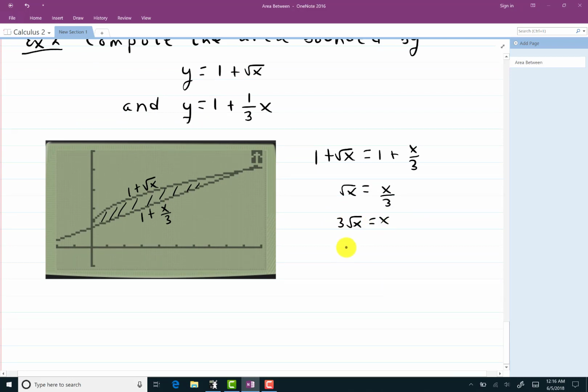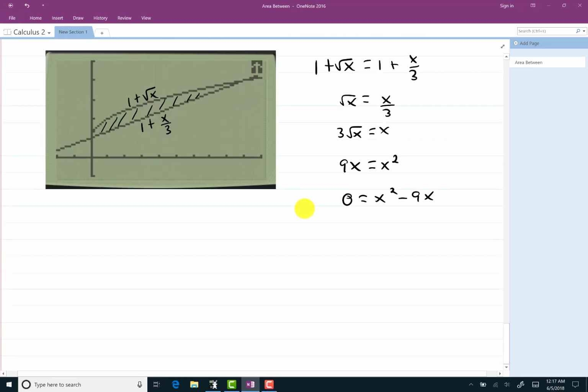Square both sides, I get 9x equals x squared. I'll subtract 9x from both sides. And then I will factor this. So what are my answers here? x equals 0 and x equals 9.